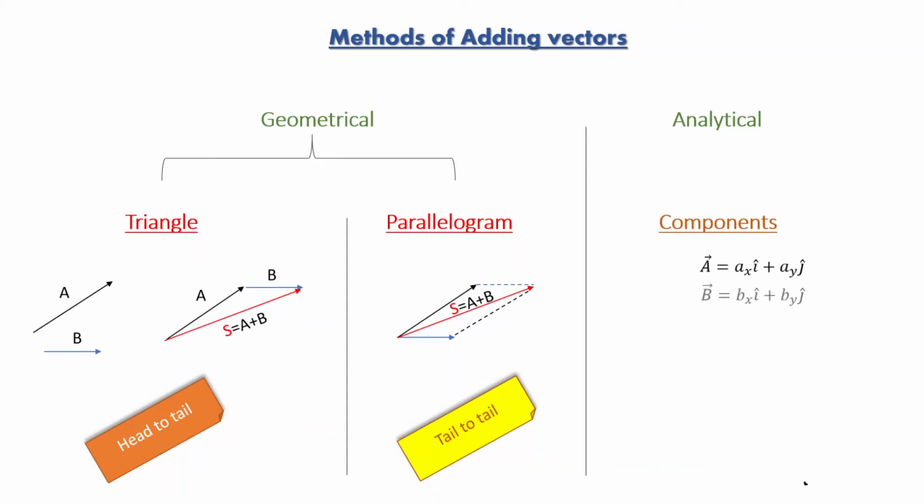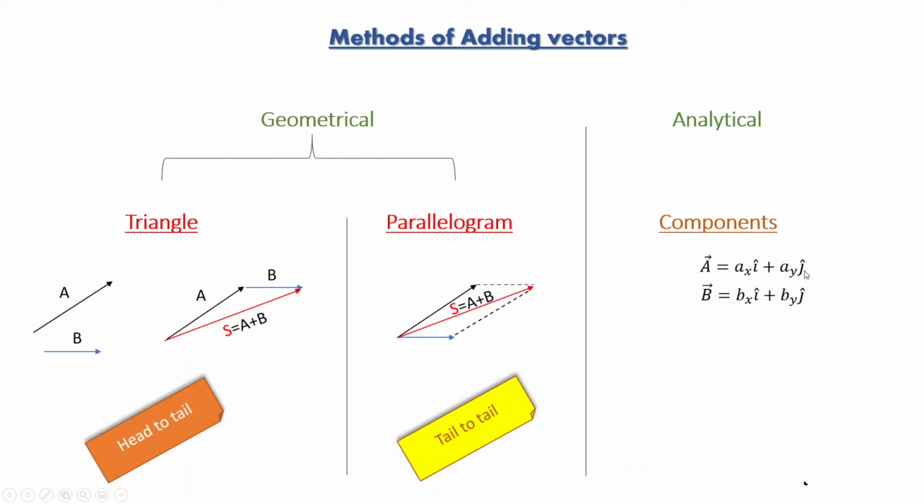In the next video, I will explain how to find the components of vector A and vector B. For example, here, Ax is the x component of vector A, Ay is the y component of vector A, and you can even go to 3 dimensions and add Az k hat, that later I will explain for you.